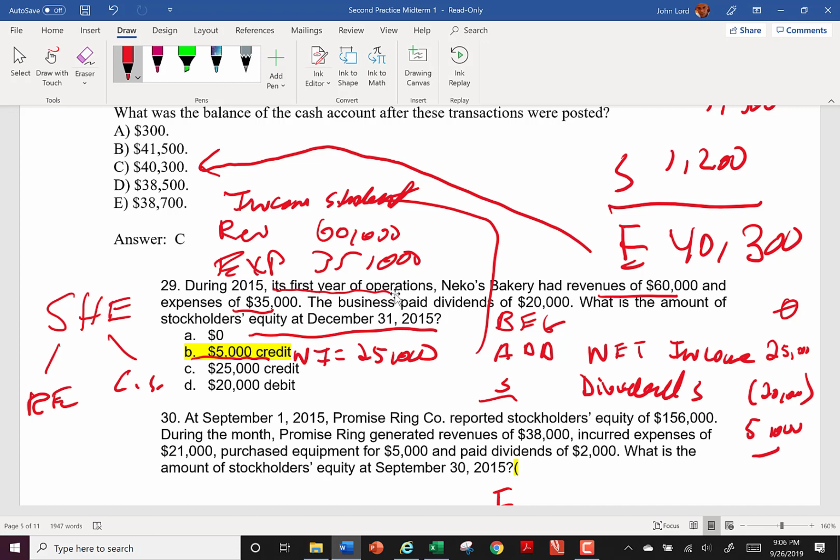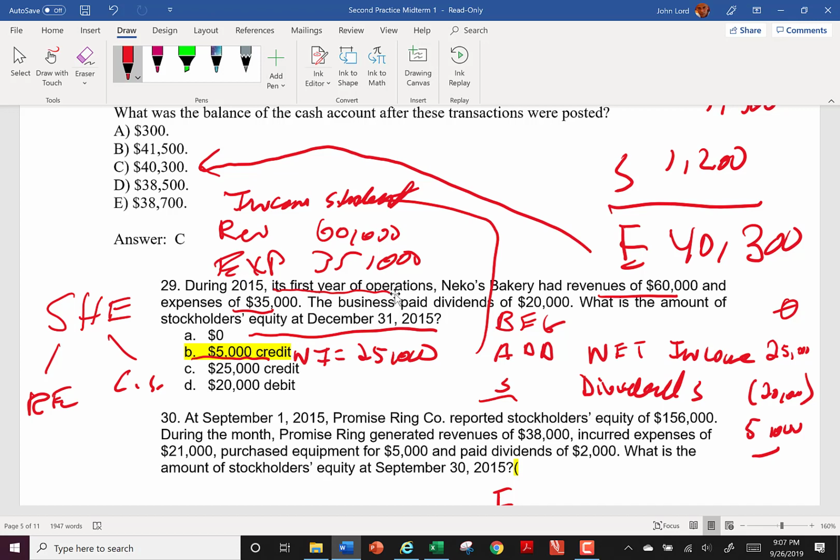And net income is revenue minus expenses, isn't it? Because it says income statement. Okay, so how much revenue do I have? 60,000. How much expense do I have? 35,000. So my net income is how much? 25,000.